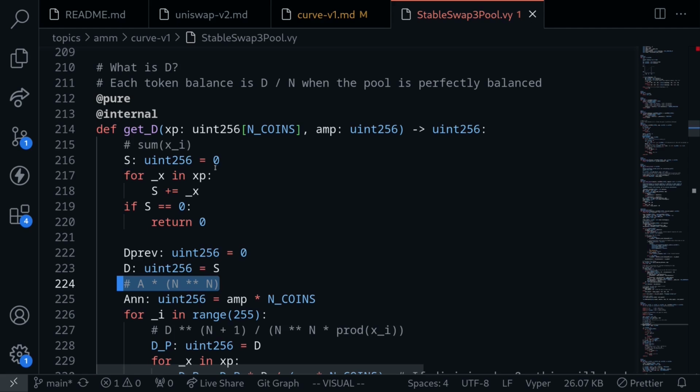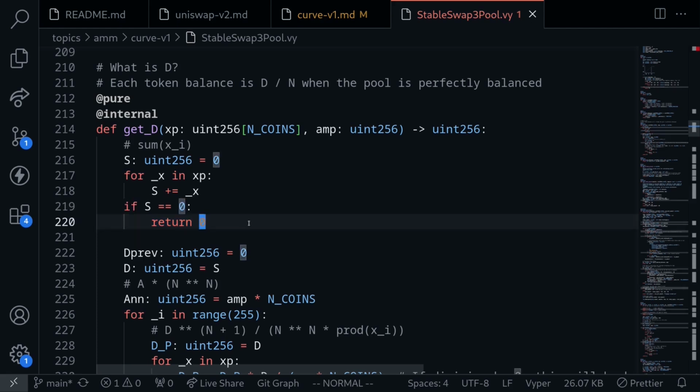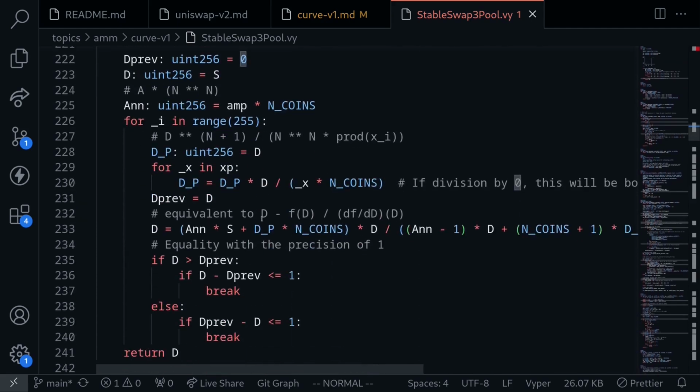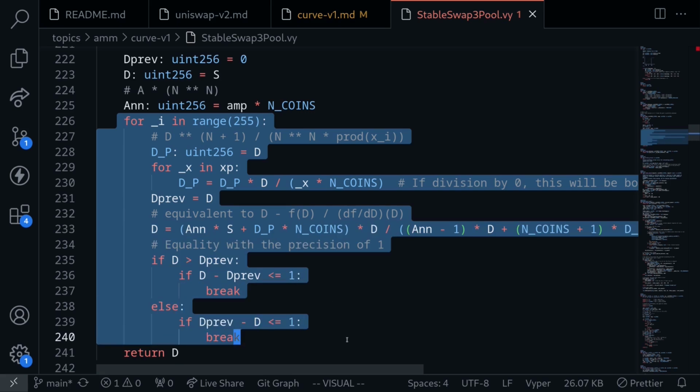So inside this function, it's going to perform Newton's method to calculate the value for D. The first part is to sum up all of the token balances that are normalized, and you can see this over here. Run the for loop for XP, which represents the normalized balance, and for each x, add it to a variable called s. If s is equal to 0, then we return D as equal to 0. Otherwise, we proceed. And then, this is the part that does Newton's method.